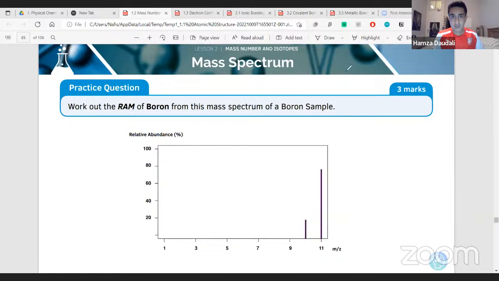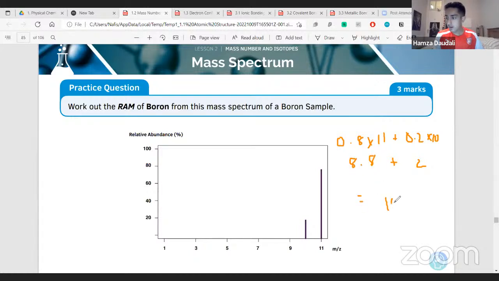So what you do is take 0.8, the percentage abundance as a decimal, so divided by 100, times the mass of 11, plus the other abundance, 0.2, times the other mass, 10.